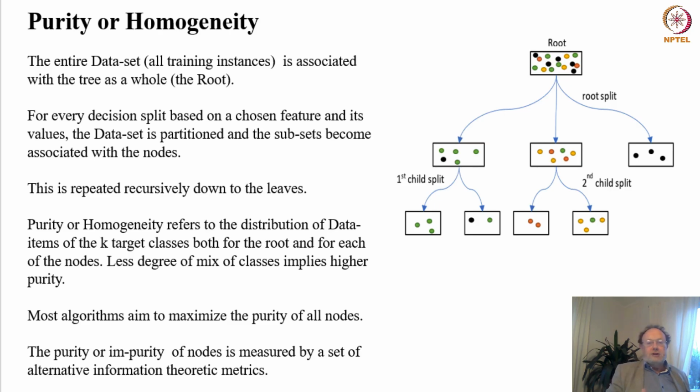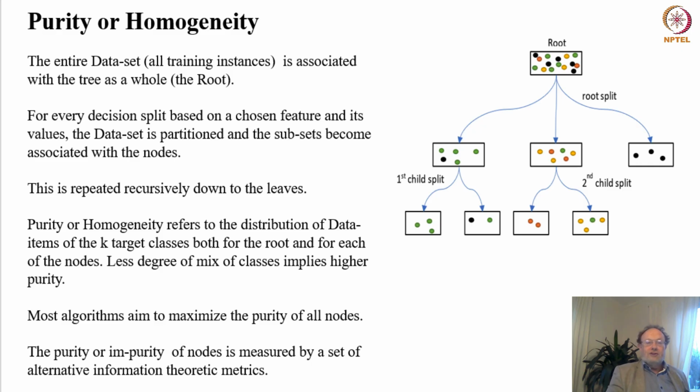So when we start a build-up of a decision tree, we start with a data set, and we start with the root of a tree. And initially, the entire data set, all training instances, is associated with the root. So this you can see in the picture, the small example to the right.